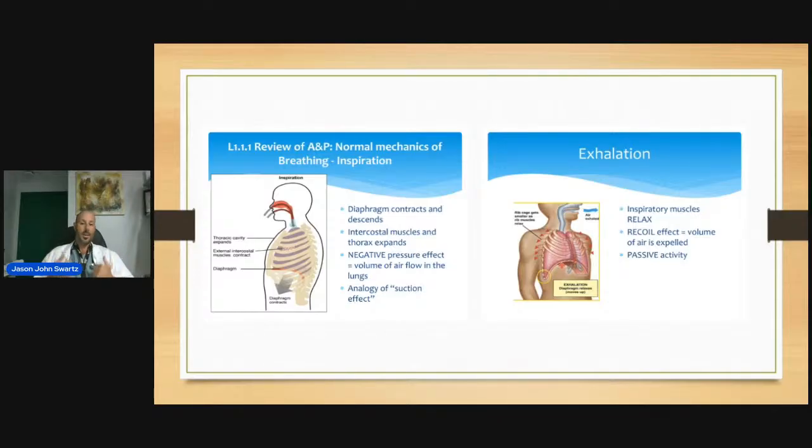As we start inspiring, we have an equalization of the pressures, airflow stops, and then there's a relaxation of the rib cage, and the diaphragm returns to the normal position. So now it's slightly more positive than the atmosphere, and air flows out. So these are the pressure gradients that are created, and this is the transpulmonary pressure. It is the pressure in the alveoli minus the pressure in the pleural space outside of the lung.